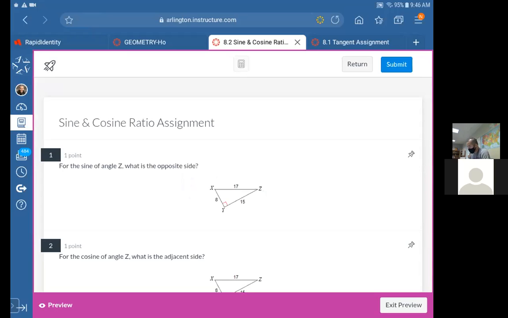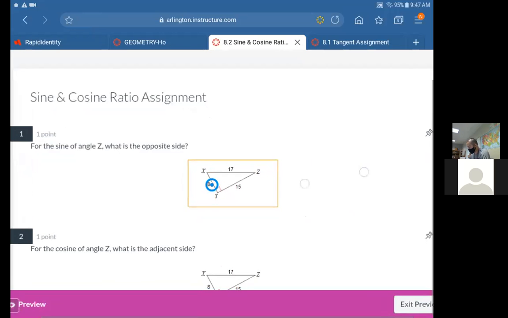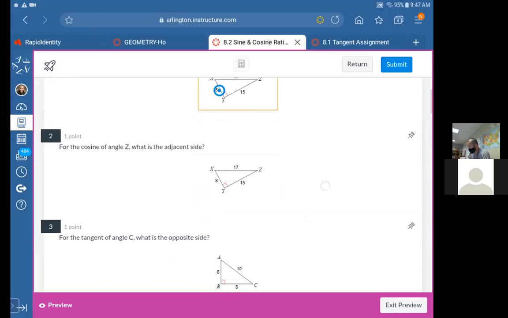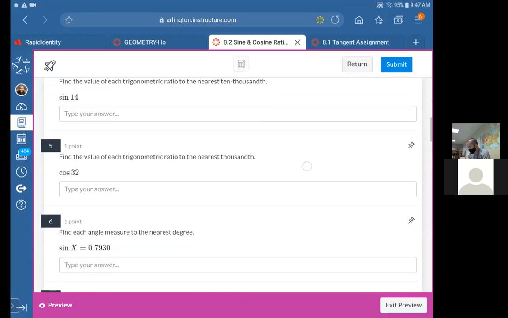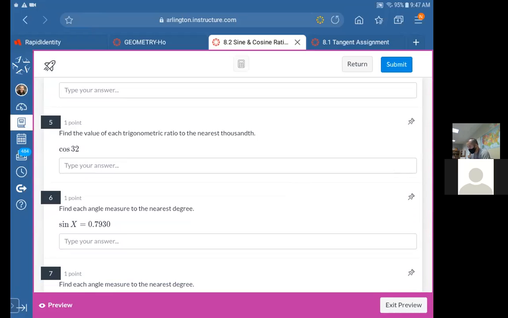For the sine of angle z, so angle z, the opposite is that one. Because 17 is the hypotenuse, 15 is the adjacent, because 15 is touching it. Okay, these are just plugging into the calculator. So cosine 32. What's wrong with this calculator? Cosine of 32.